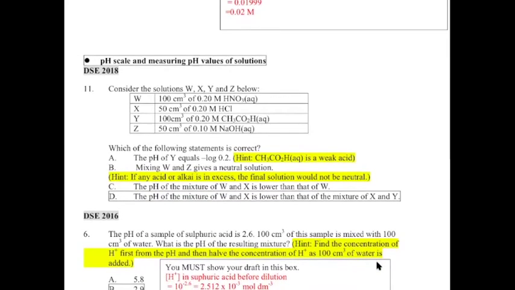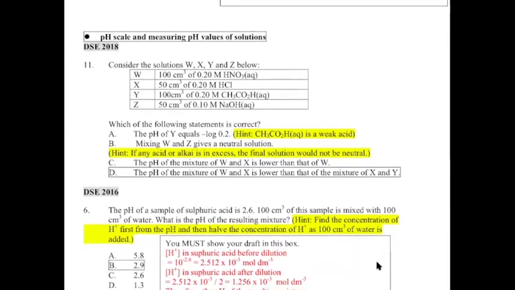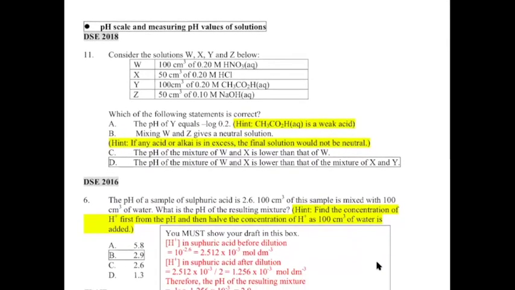Okay, so for this one, consider the following solutions. Which of the following statements is correct? Let's take a look one by one. A, the pH of Y equals minus log of 0.2. Solution Y is ethanoic acid. So by now you should remember ethanoic acid is a weak acid, so it cannot completely ionize.